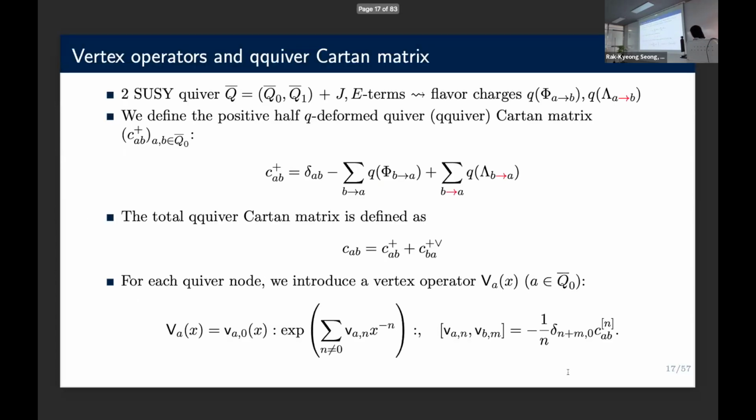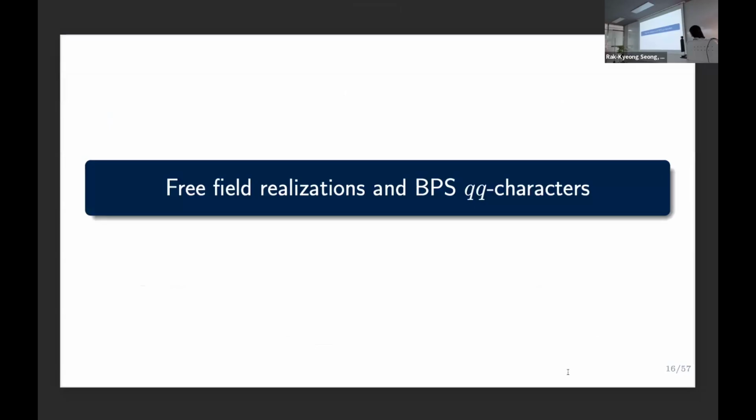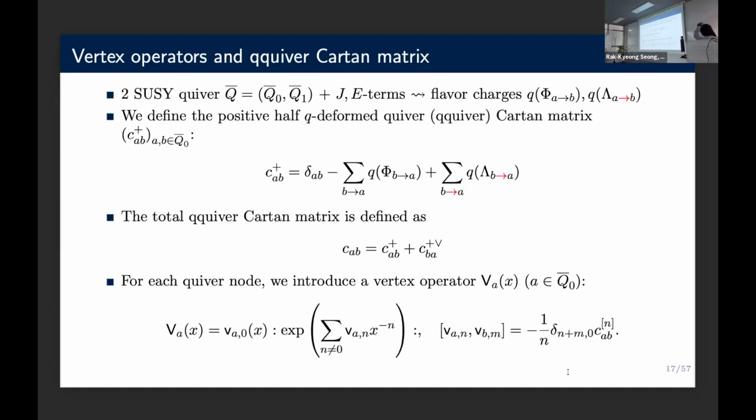Interestingly, the contour integrals and also the partition functions appearing in all the systems have nice free field realizations. So let me give a general construction of how to derive all the vertex operators that appear in the theory.